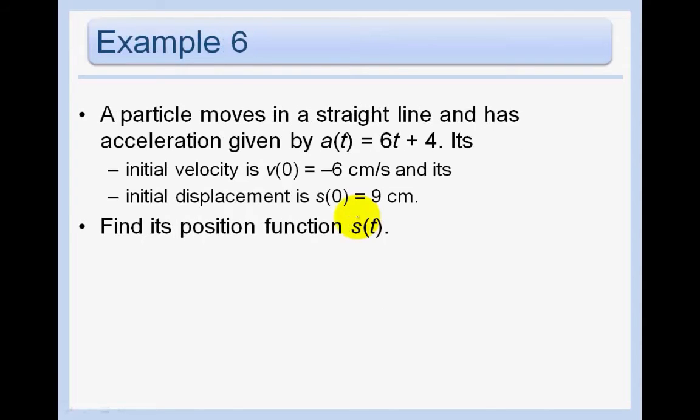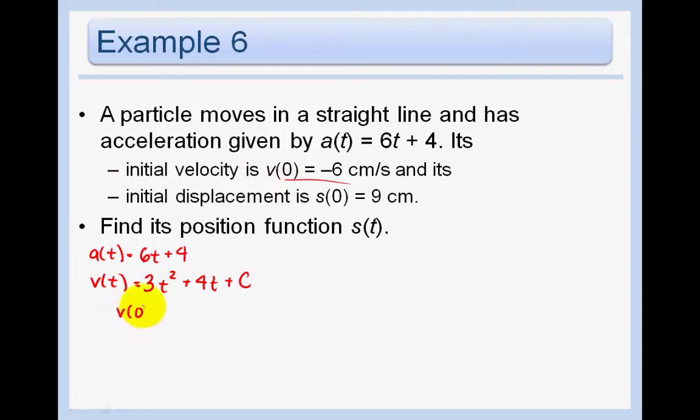And so if we have a particle moving in a straight line and it has an acceleration given by 6t plus 4, then the velocity is just the antiderivative of that. So you add 1 on here and divide. So 6 divided by 2 is 3t squared, plus 4t plus c. They tell us that the initial velocity is -6 centimeters per second.